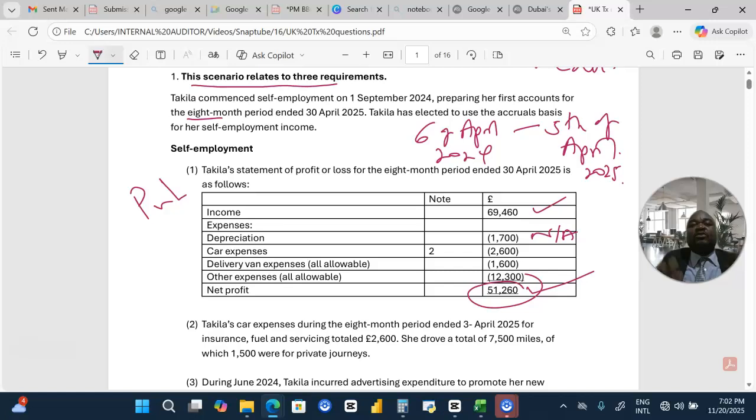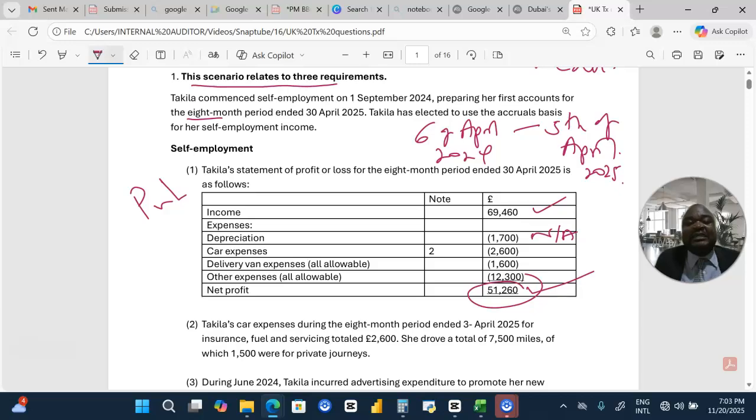Remember, we are doing for the whole 8 months. No need for adjustment so far. Ignore the adjustment. You need to be alert when you are answering exam questions, because a lot of students will then adjust for the 7 months and so forth. It's not yet required.